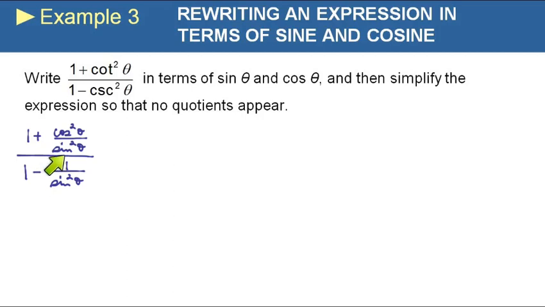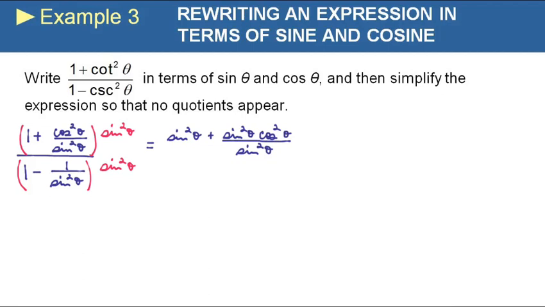Now we've got a common denominator here of sine squared. So let's multiply the top and the bottom by sine squared and see what happens. Sine squared times 1 is sine squared. Sine squared times this fraction will be cosine squared, because notice your sine squareds will cancel. And in the bottom, sine squared times 1, and then sine squared times this fraction.